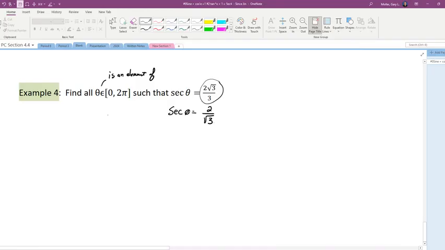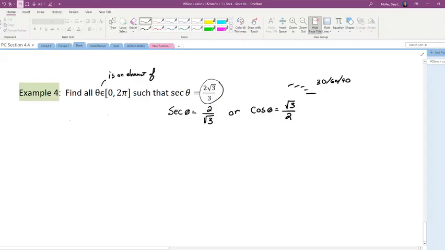So what kind of an angle has a secant that's 2 over the square root of 3, or that has a cosine of root 3 over 2? That should have the alarm bells going off. Alarm, this is our 30, 60, 90. Pi over 3, pi over 6. All right, so now I know what I'm dealing with.